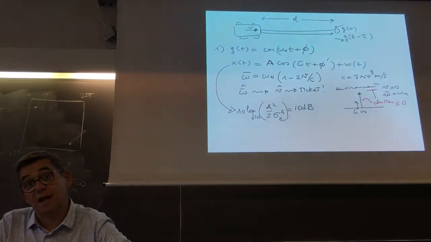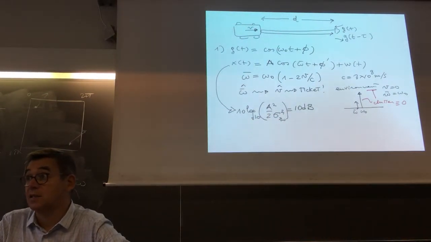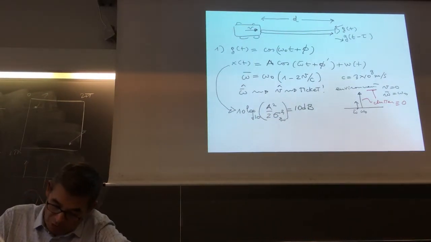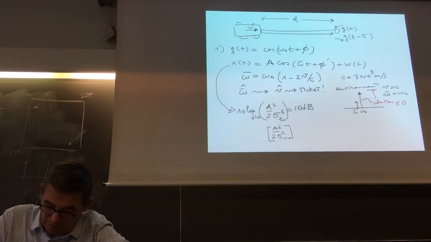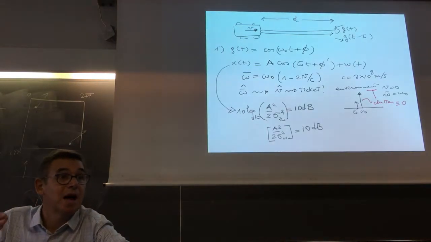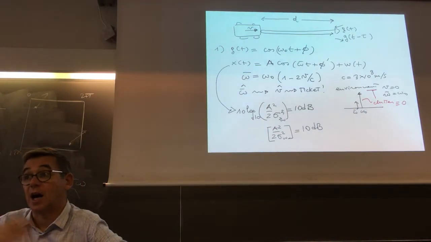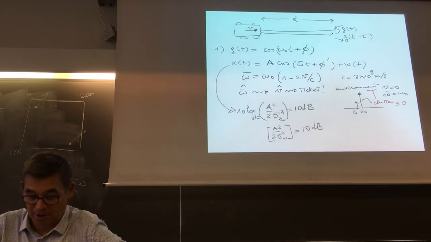Sometimes, in order to indicate that this measurement is in dB, I put it in square brackets and say A squared divided by 2 sigma w squared is equal to 10 dB. When I put square brackets, it means I converted to dB, I applied the logarithm.